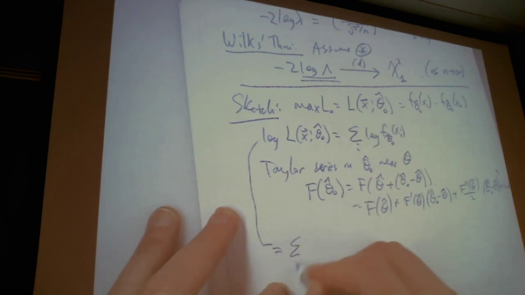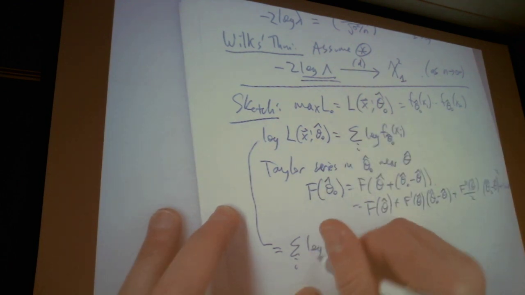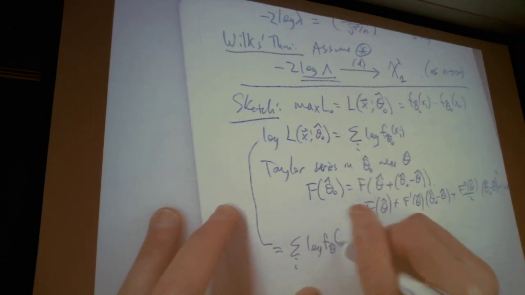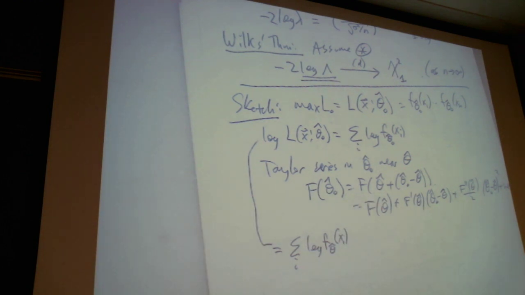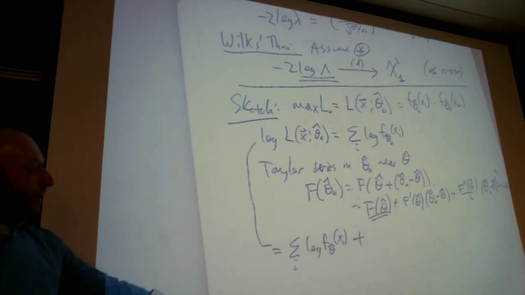This is equal to a sum over i. I'm doing this in the theta hat variable, so now I get log f theta hat of xi. That's my constant term. By the way, what is this?